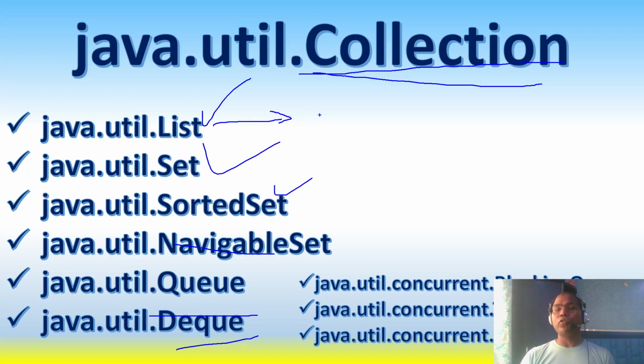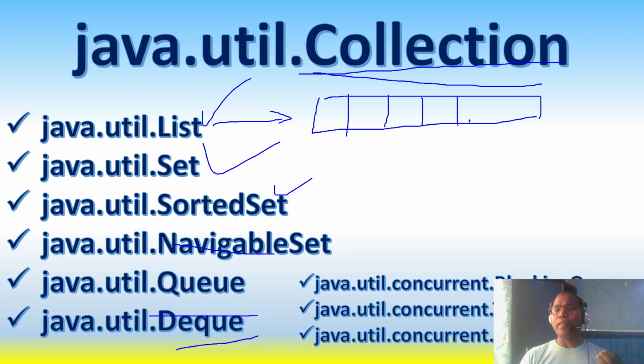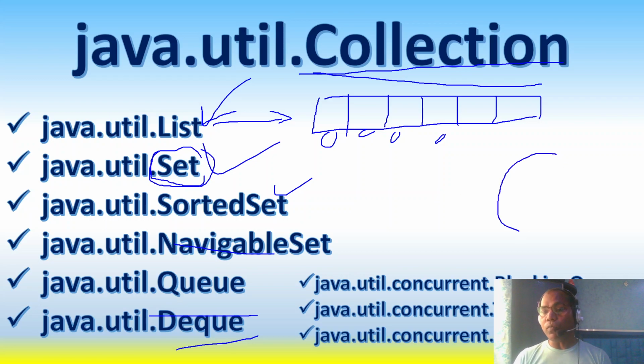The list is used for storing data in a form that looks like an array, with data stored at index positions. A list is allowed to store duplicate or non-duplicate data. But set is used when you want to store values where each value must maintain some level of uniqueness. I want to store only unique values, I don't want to store duplicates. In this scenario we can use a set.